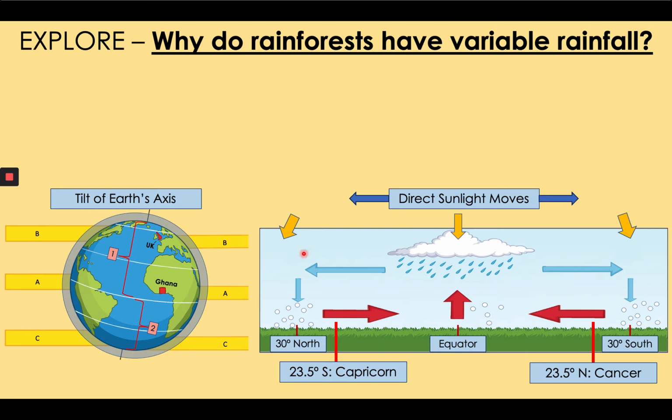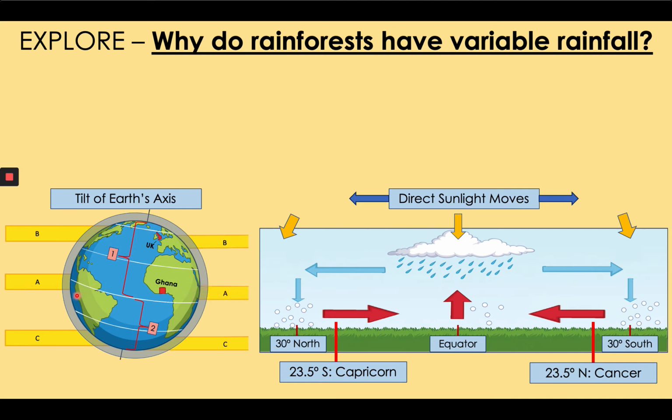That means that the sunlight hits different parts of the Earth at different angles depending on whether they are in summer or winter. Look at the equator here, at A. In summer, at the equator, the sunlight of the sun is actually hitting the Earth just north of the equator.